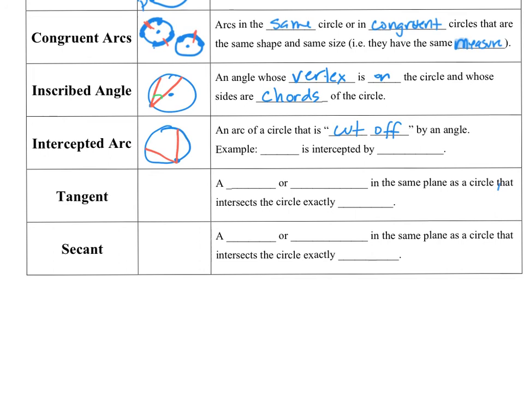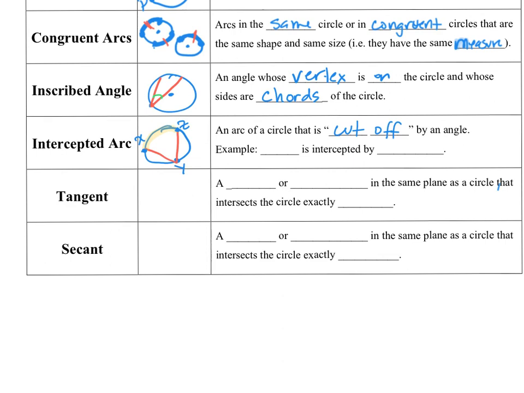Let me highlight it. So this yellow arc is what we call an intercepted arc. So it's an arc of a circle that's cut off, a piece of the circle that's cut off by an angle. So let's give some names to these points. So let's call this point X, this point Y, and this point Z. So we would say that this yellow arc, it's a minor arc, so I would name it with just the two endpoints.